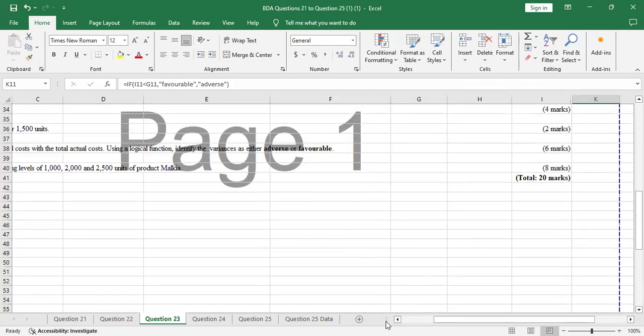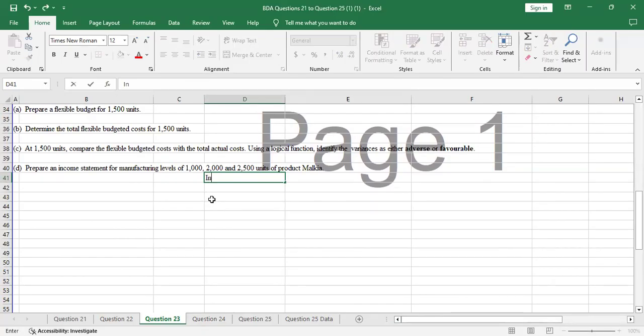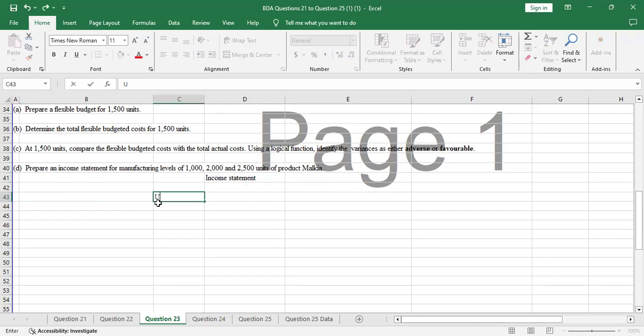Okay, so we go to the last part of the question. They're saying, prepare an income statement for manufacturing levels of 1,000, 2,000, and 2,500 units of product Malkia. So we'll use the income statement. Let me put it here, units.